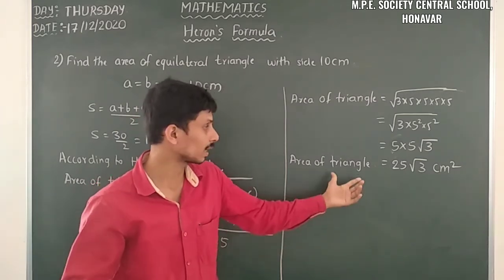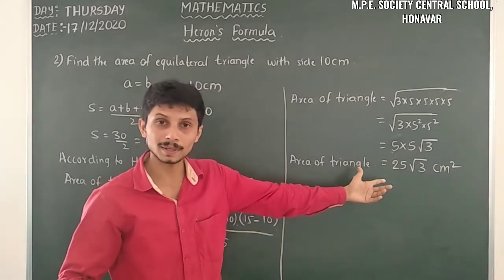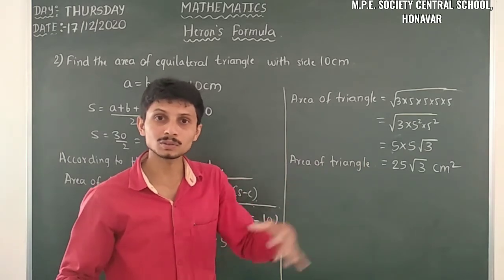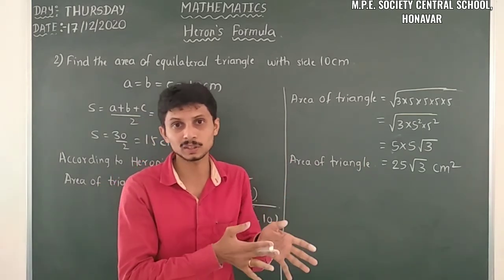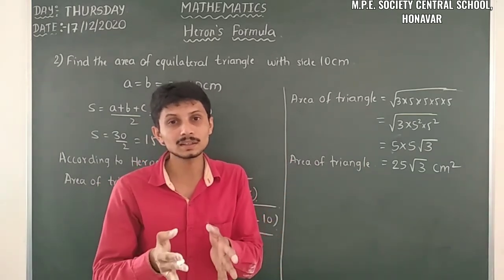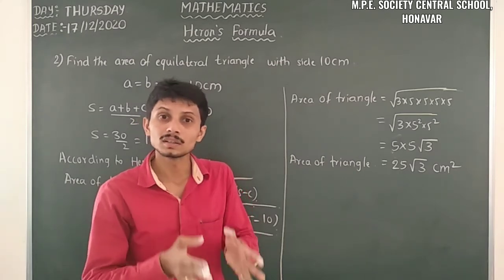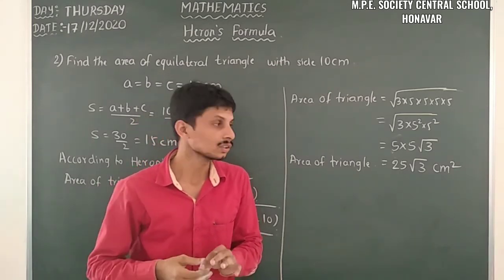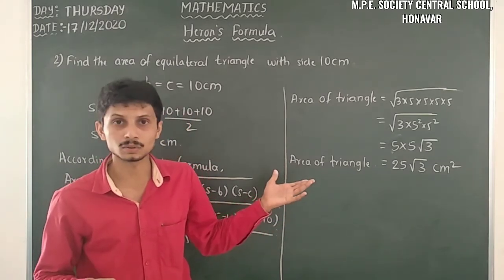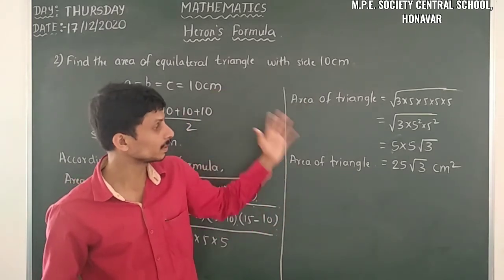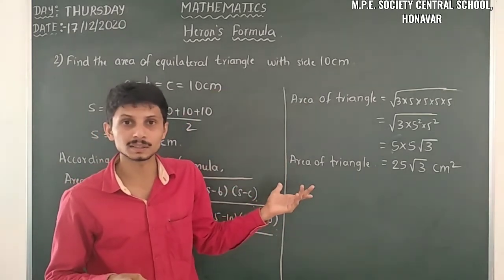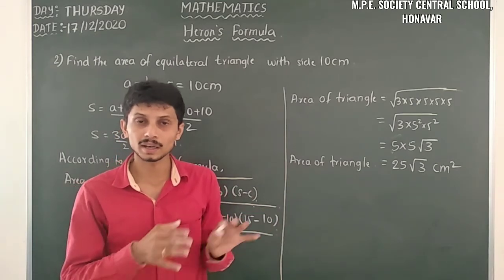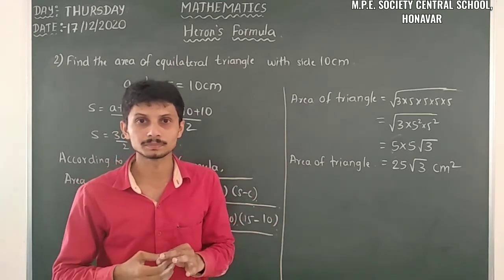You can verify with this. Whatever we did in the last video, we did using area of triangle equal to half into base into height. So the same thing arises here also. There we took 10 centimeter, here also we are taking 10 centimeter.